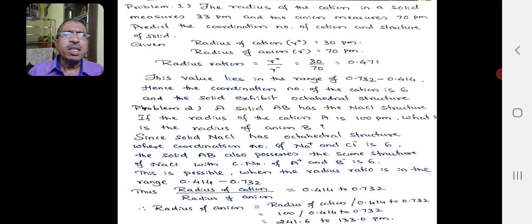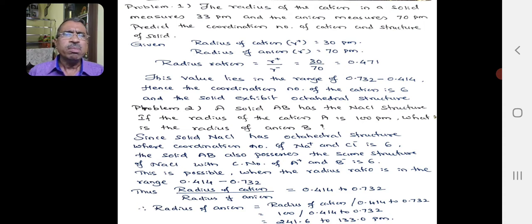Let us take the first problem. The radius of the cation in a solid measures 33 picometer and the anion measures 70 picometer. Predict the coordination number of the cation and the structure of the solid.